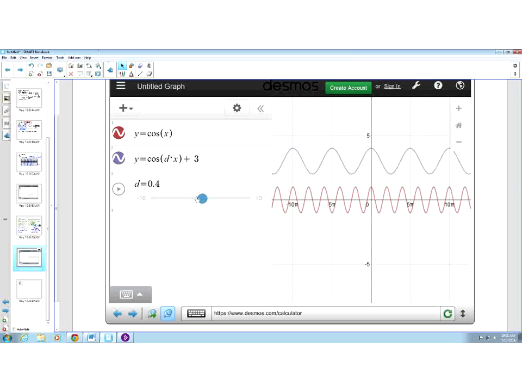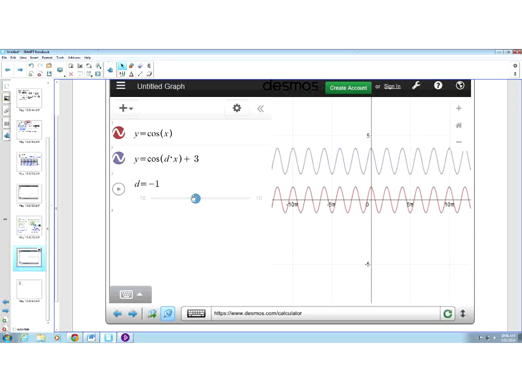And so when d goes to 0, well, the cosine of 0 is basically 1, right? And so the output becomes 4 in this case. So if d is equal to 0, the output is 4. Now, owing to the even nature of the cosine function, as d ranges from 0 to -1, we're going to have the horizontal stretching.